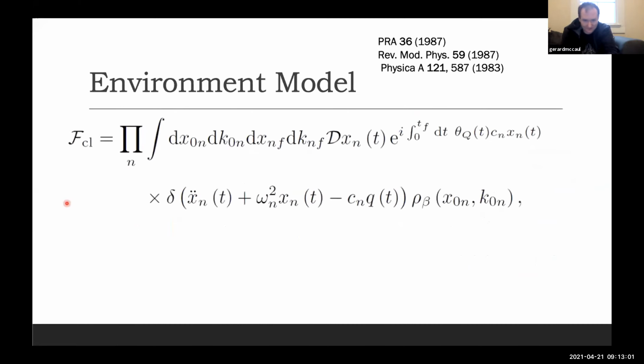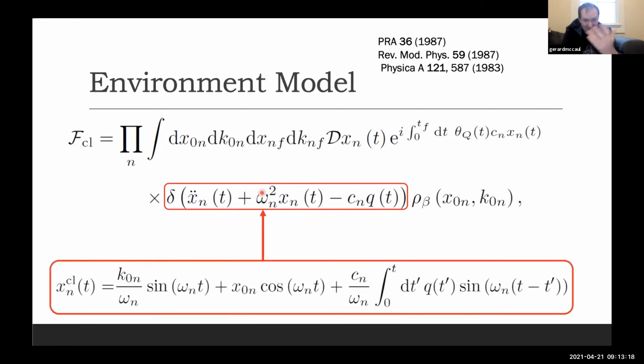So what happens if I actually take this model? Well, first of all, this is the influence functional again. Lots of terms that are pretty unpleasant, but what you find is that when you evaluate this, this delta functional again conditions your influence functional on another classical equation of motion. So this actually makes the functional part of the integration relatively easy, right? This is a classical equation of motion.